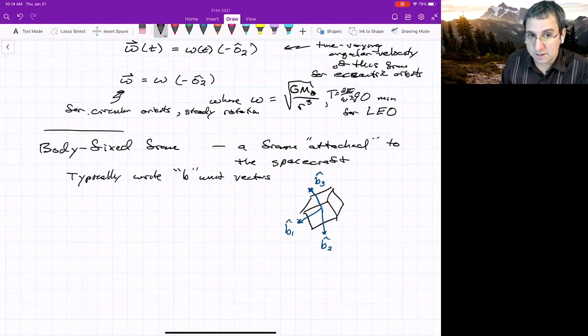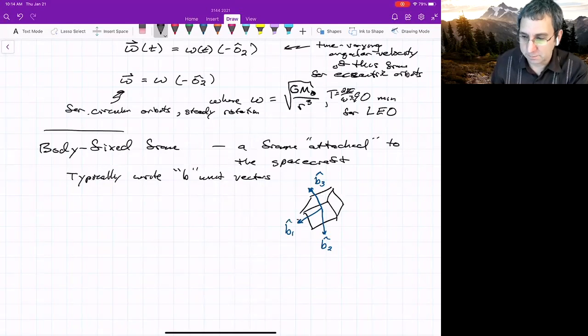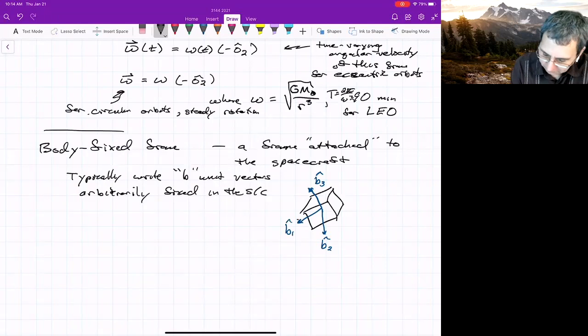So I'm going to try to set it up so that this body fixed frame actually rotates at the same rate as the orbital frame, so that they're in line with each other. So I'm going to say that this is arbitrary. It's arbitrarily fixed in the spacecraft, but it is fixed in the spacecraft.